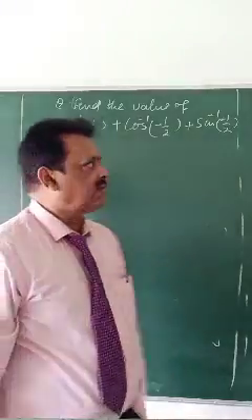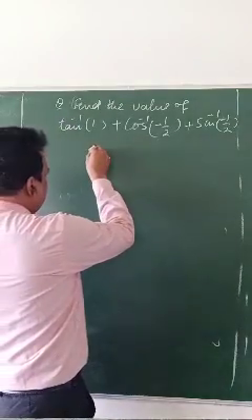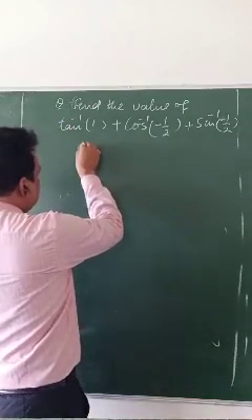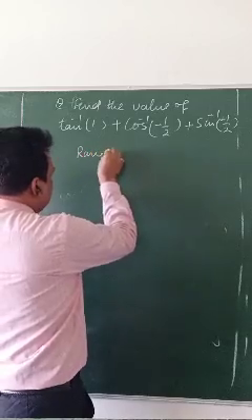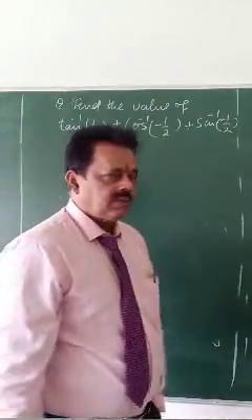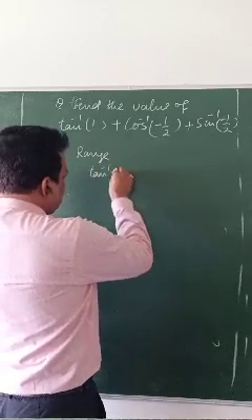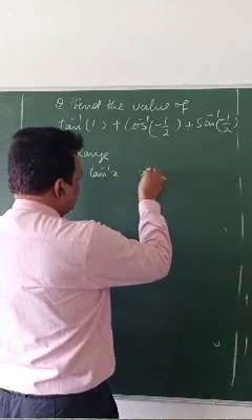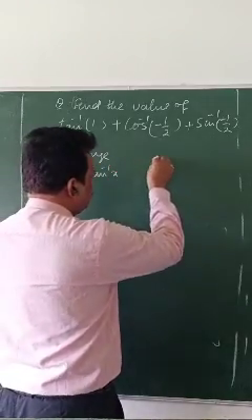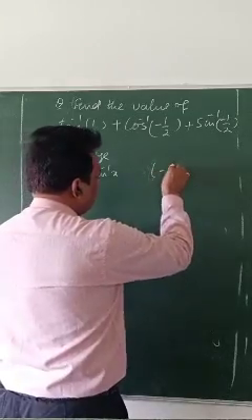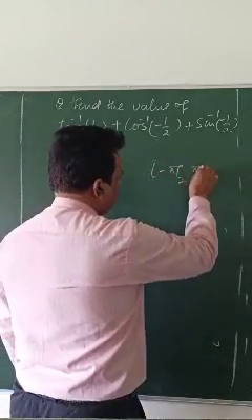So what you have to keep in mind? The range of tan inverse x you have to remember. For tan inverse x, the range is the open interval minus pi by 2 to pi by 2.